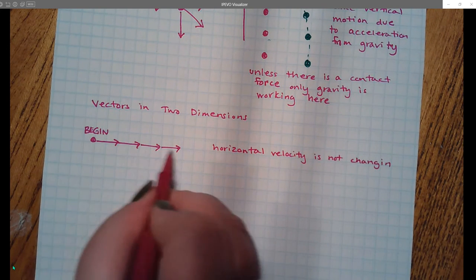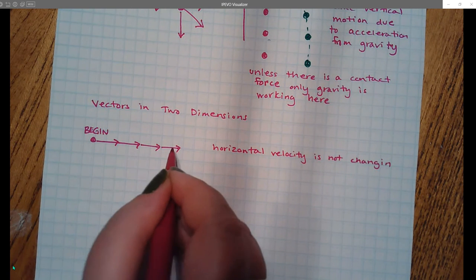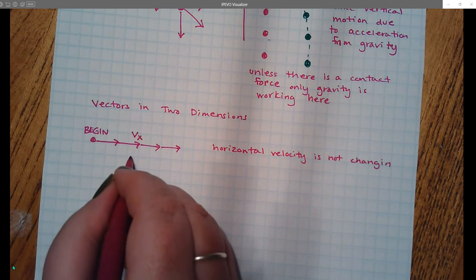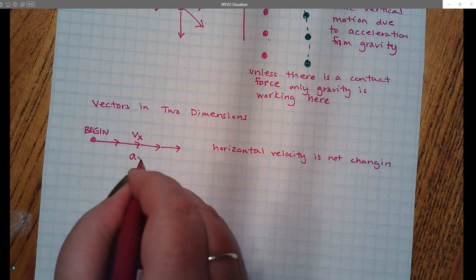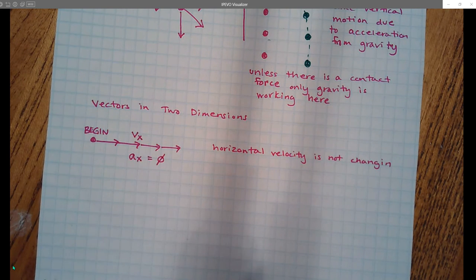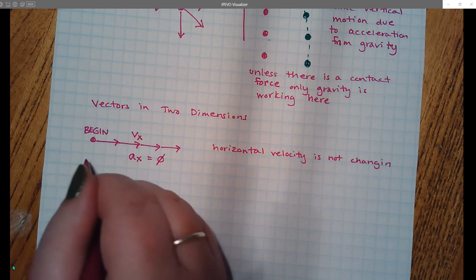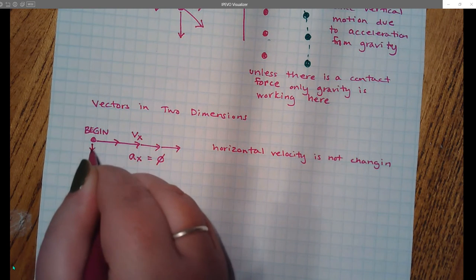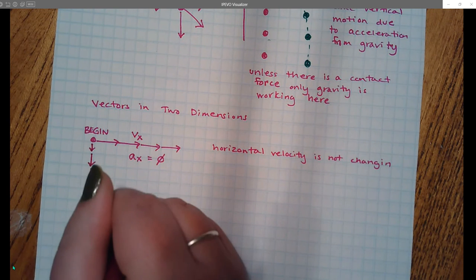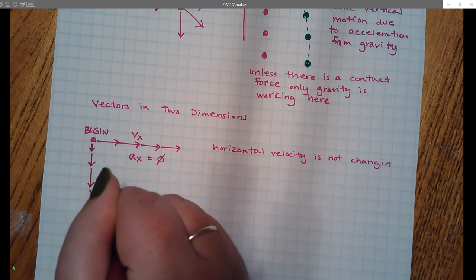So we call this direction the x direction. So this is the velocity in the x direction. And we can write acceleration in the x direction, but this acceleration is 0. On the other hand, for vertical motion, I'm drawing these arrows or these vectors getting larger the further I go.